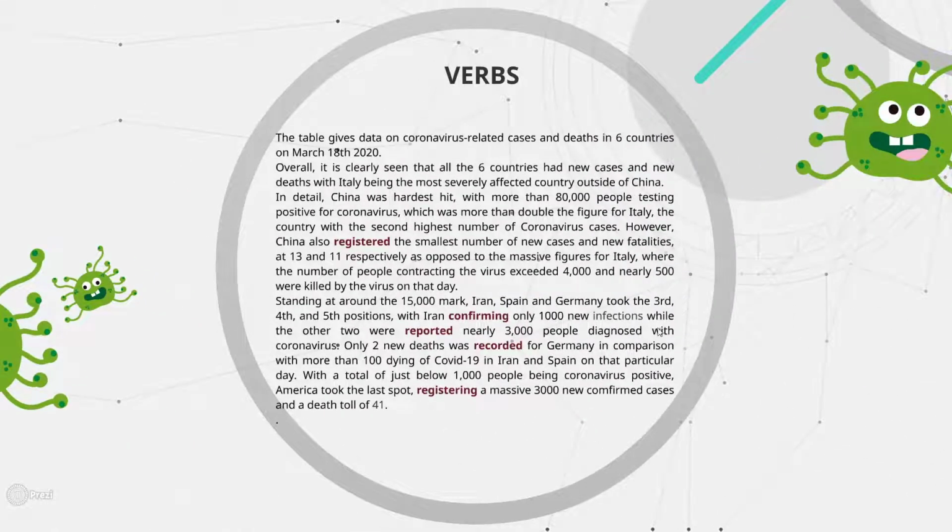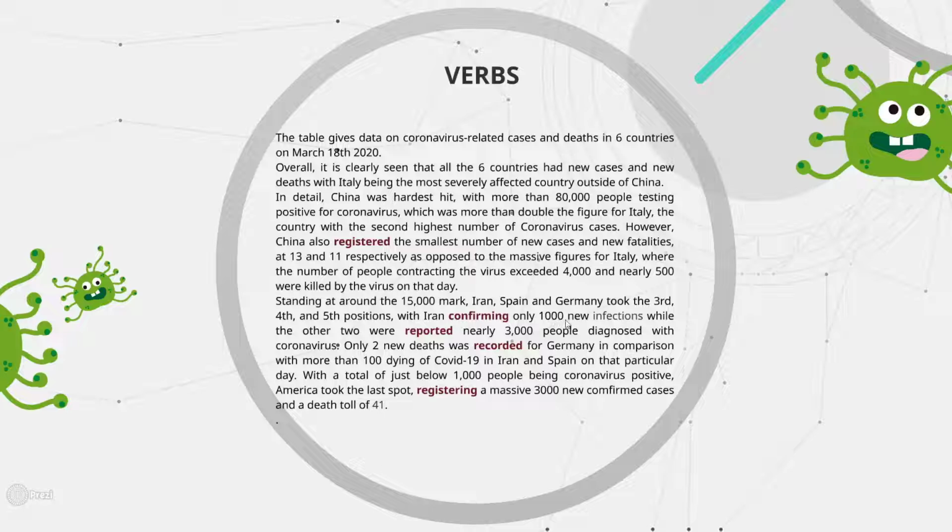Besides, I want to focus on some verbs that can be used for this particular writing. You can use register or confirm or report or record. They have the same meanings for this particular writing. China registered the smallest number.